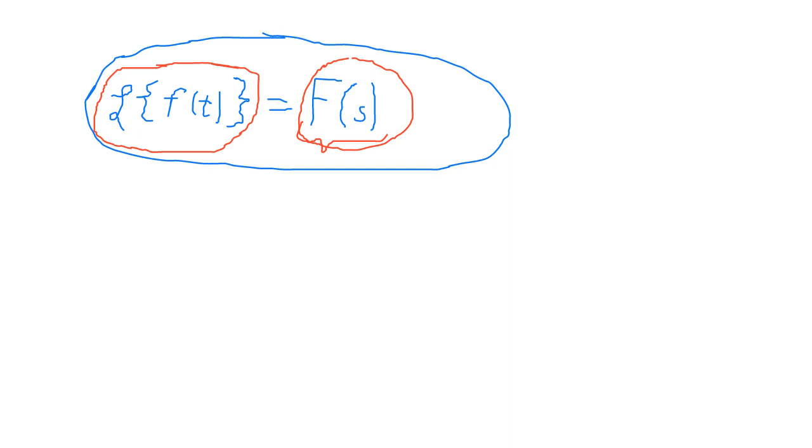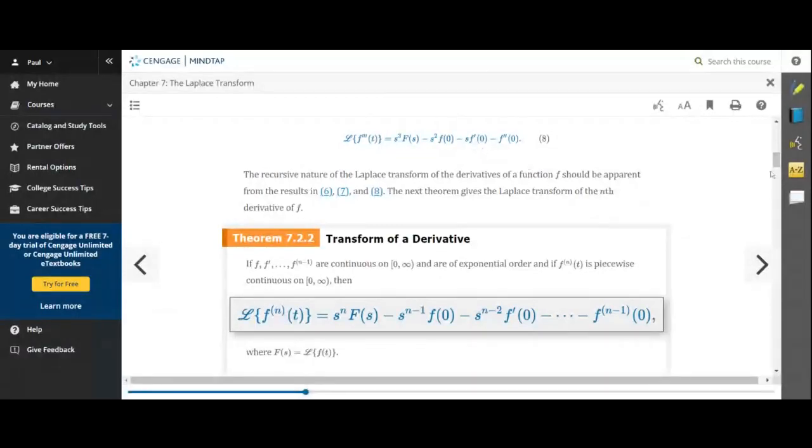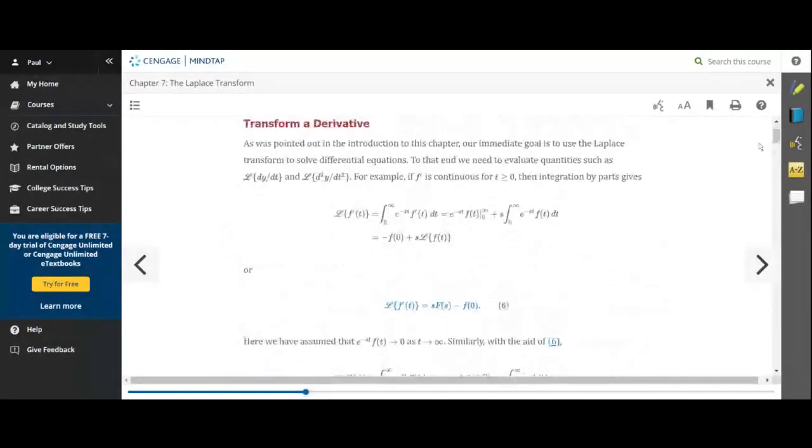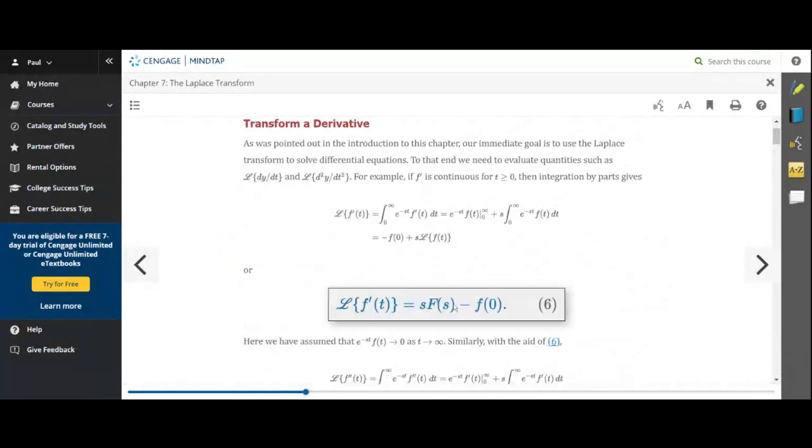So the Laplace transform of f is in the Laplace transform of the third order derivative of f? You mean going back to the formula? Yeah. Let me go back to the formula here. One moment. Why don't we focus on the first one here, for the first derivative.